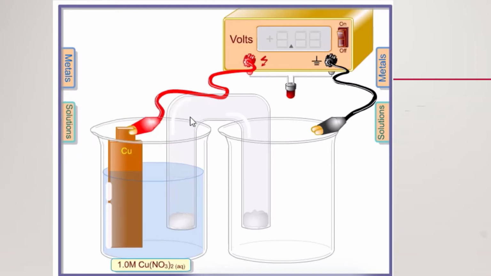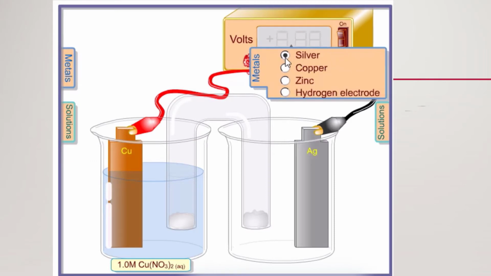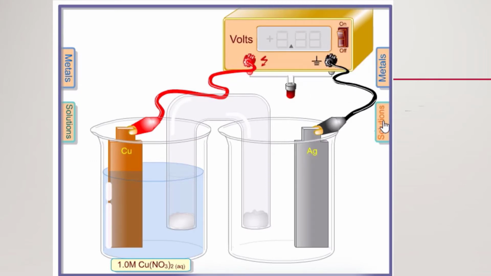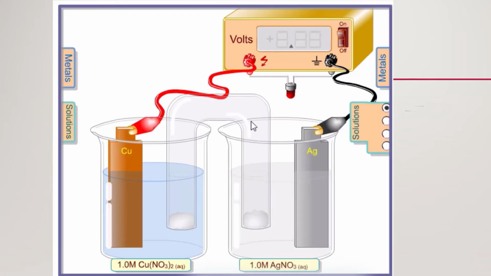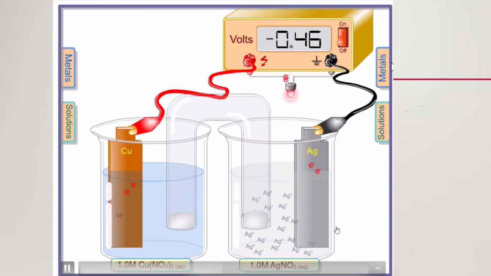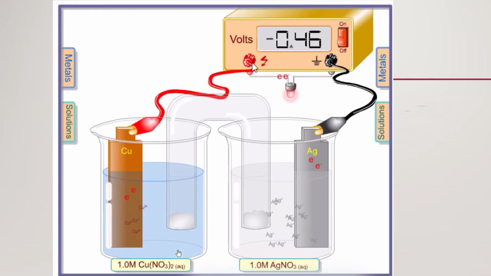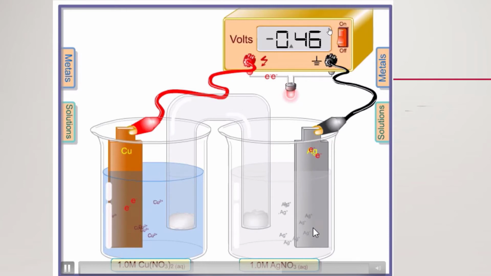In one compartment we have chosen copper as the electrode, and the electrolytic solution is 1 molar copper nitrate, and in the second compartment we chose silver as the electrode, with silver nitrate as the electrolytic solution. Once the connection is made, the charges start moving from one electrode to the other. If you remember, oxidation happens at the anode, so here the anode is copper. Copper releases its electrons, and the electrons move through the circuit, and the ions move into the electrolytic solution.